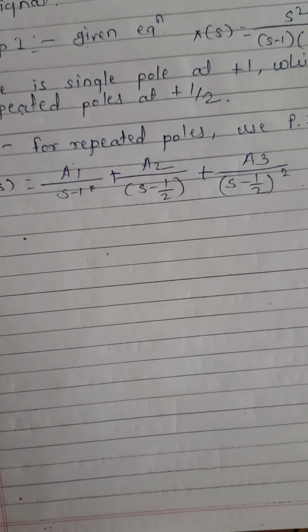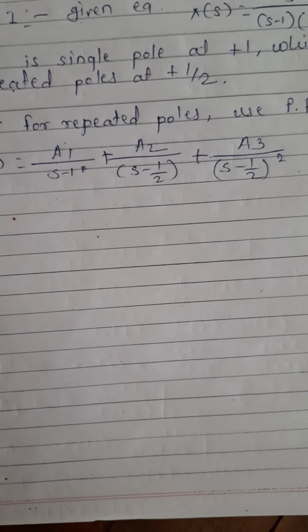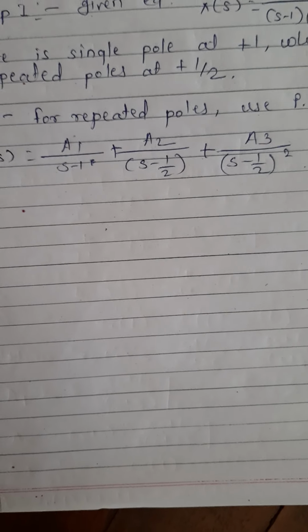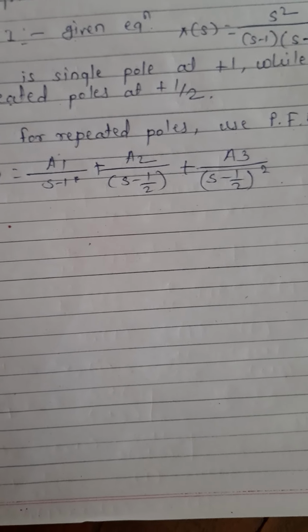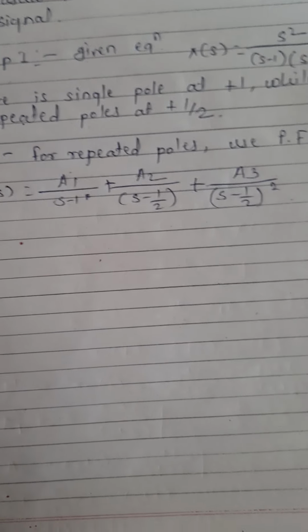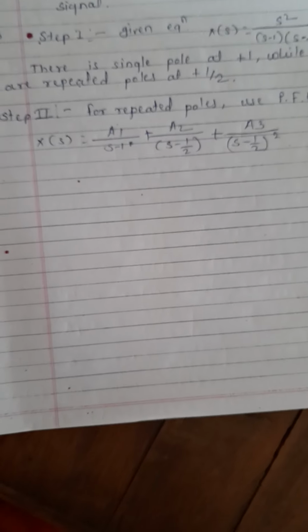What we have to remember is that the second term is the added term. A1 and A3 can be calculated using the same form as in the previous problem, but A2 has to be calculated by taking the derivative. So first we calculate A2 and then we calculate A1 and A3.